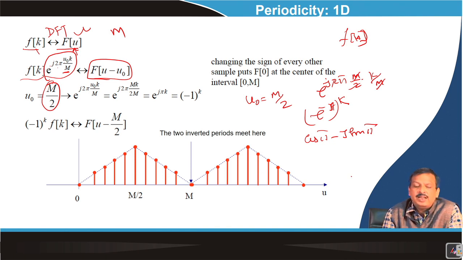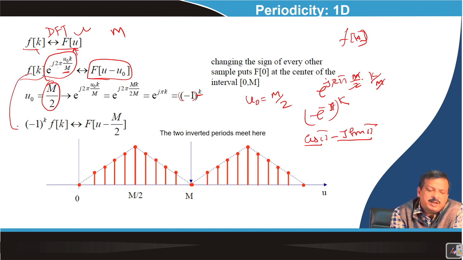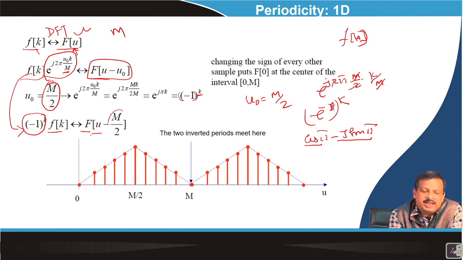What is the value of cos pi? It is minus 1. So I can put minus 1 to the power k. So this is nothing but minus 1 to the power k times f of k, which is equal to F of u minus m by 2.